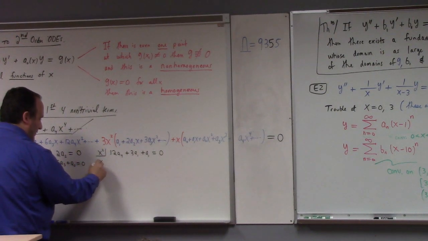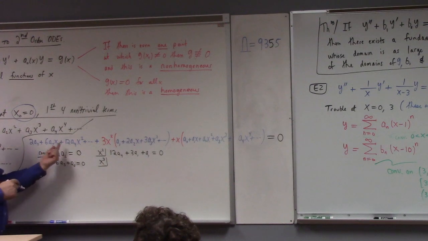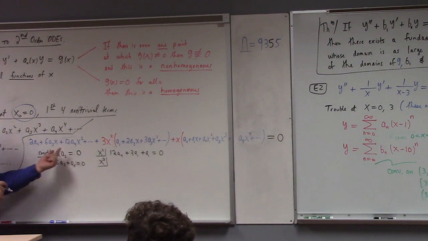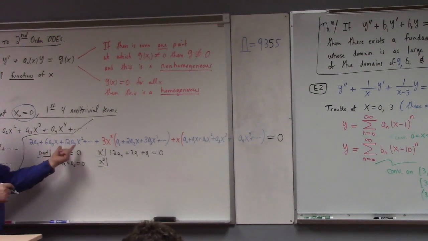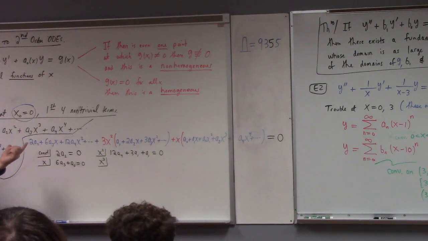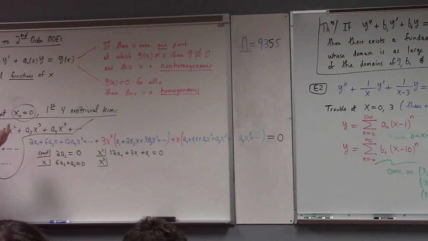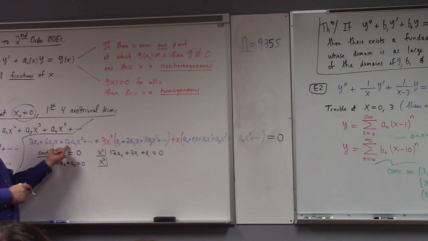How about x cubed? What do we got for x cubed? Oh man, I didn't write enough here, did I? Where are my x cubes at here? So you got to be watching out for this. If you're missing a term, you got to add it. You can't just say, I didn't write it down, so it's not there. You got to extrapolate the pattern. This was 3 times 4, the next is 4 times 5.